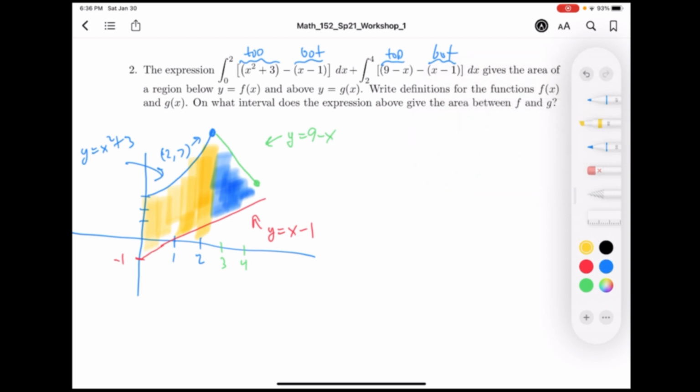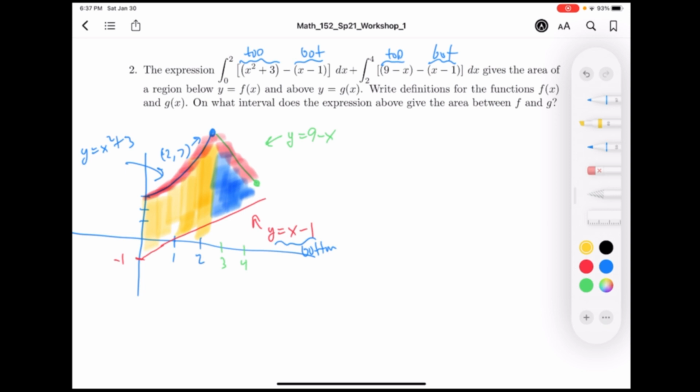All right. So the idea is that this really gives the area of a region that's above one function and below another function, if you understand the functions in the way that I'm thinking of. This region extends from x equals 0 up to x equals 4. You can clearly see that this is the bottom function, and it's this whole top boundary up here that constitutes the top function.